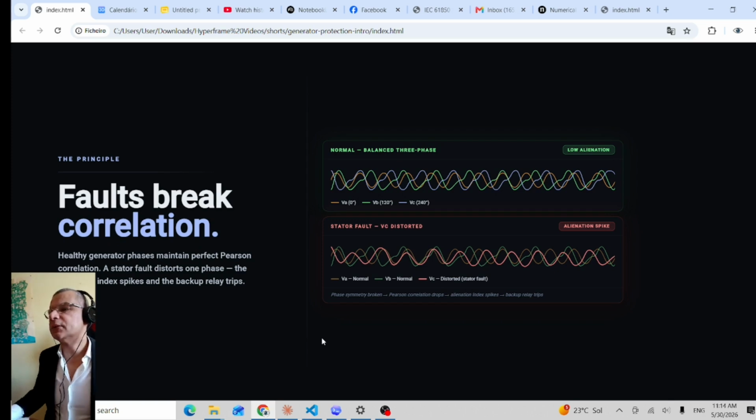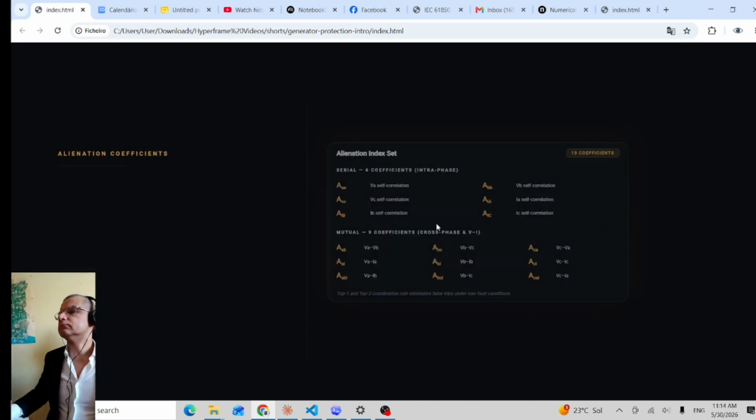The principle mentioned in the paper is called fault break correlation. In a healthy generator, phases maintain perfect Pearson correlation. As soon as there are faults within the windings of the stator, that correlation just breaks. So that's the Pearson's method.